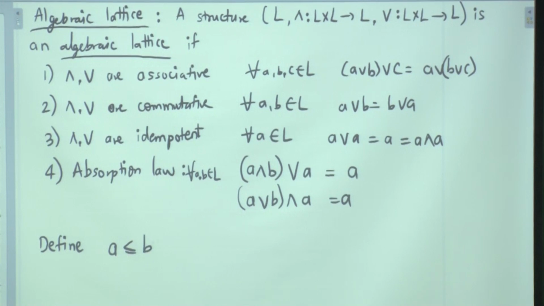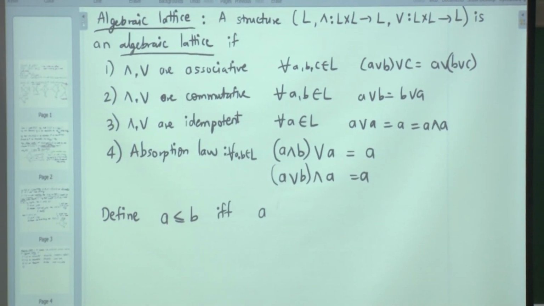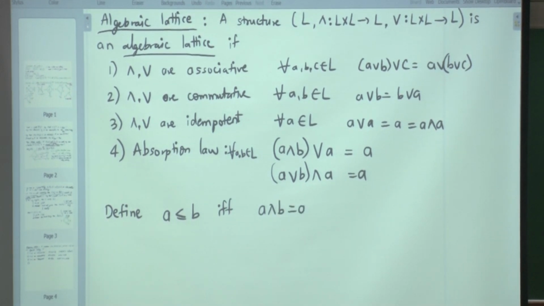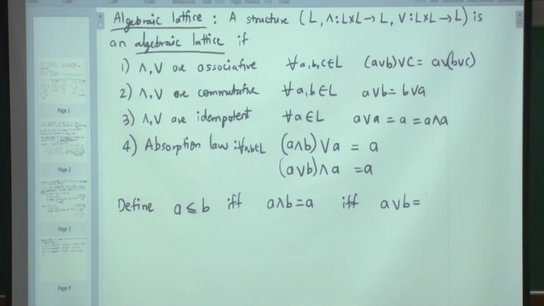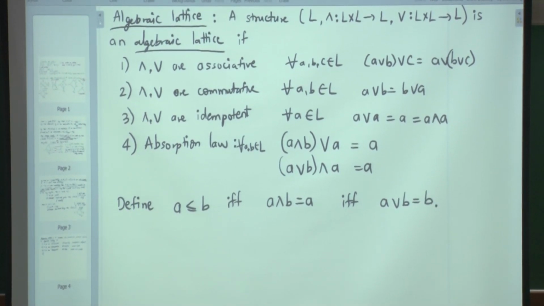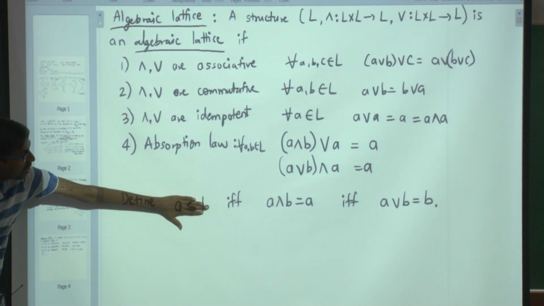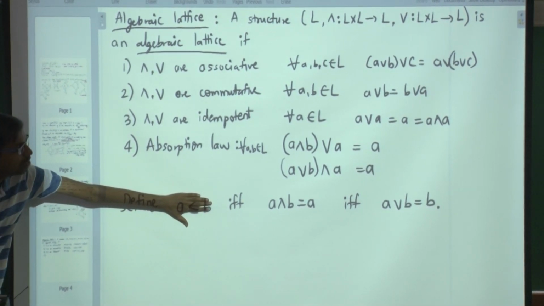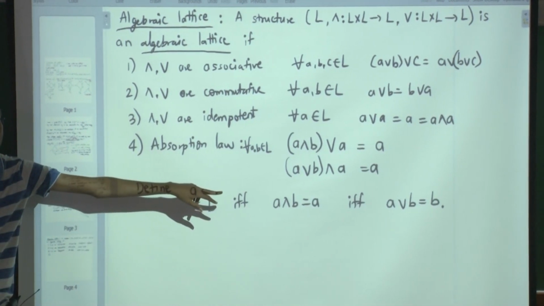Define A less equal B if and only if A meet B is equal to A if and only if A join B is equal to B. Please observe that A meet B is equal to A if and only if A join B is equal to B. That holds.